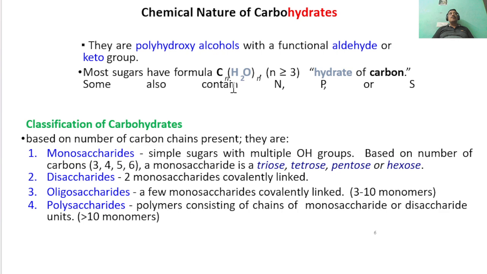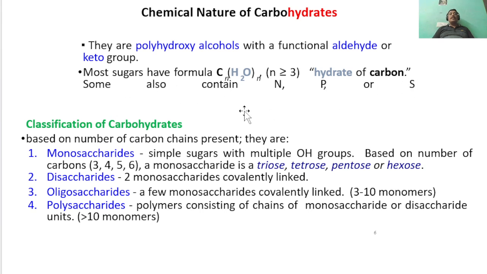So we usually call it C6H12O6, that means 6 carbon, 12 hydrogen, and 6 oxygen. And some of these carbohydrates may also contain nitrogen, phosphate, or sulfur.